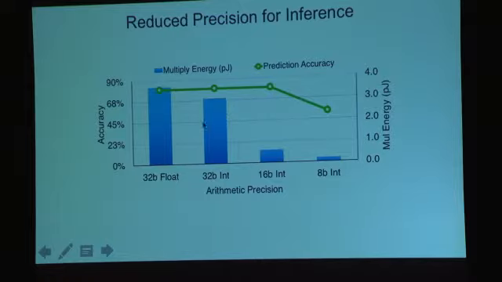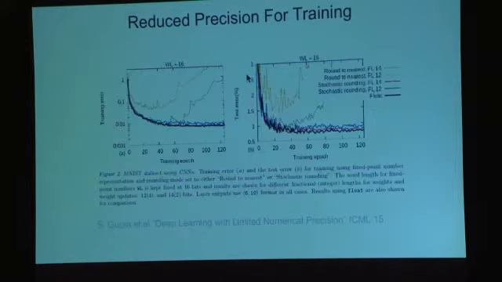Remember that the energy doesn't vary very much float versus integer. It varies a lot, 32-bit to 16-bit. What you see is that our inference accuracy doesn't drop at all going to 16 bits. It drops significantly going to 8. So until I want to do some compression, 16 bits is kind of a sweet place to be for precision.